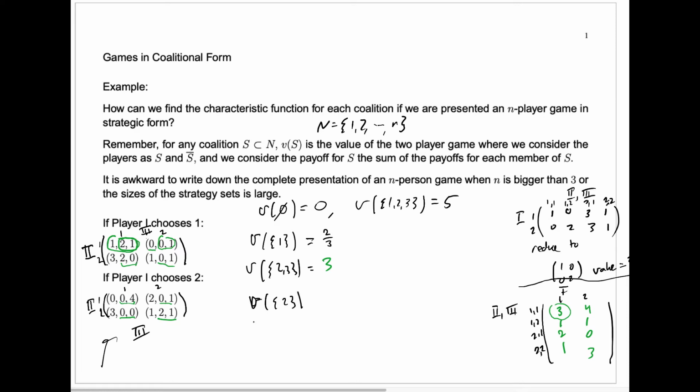You want to find the value for 2 by itself, the value for 3 by itself, and the value for 1 and 2, as well as the value for 1 and 3. So I haven't listed those. I've just kind of given half of the values for the characteristic function, but you can compute all these very easily just doing the same things we did here.